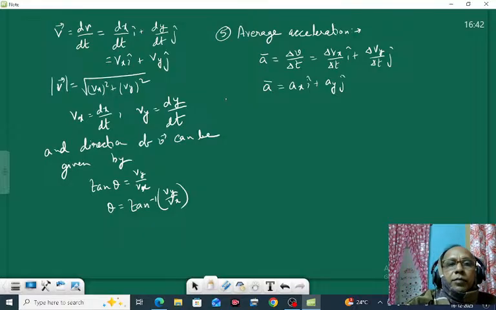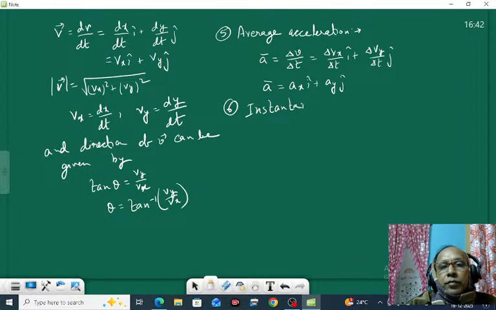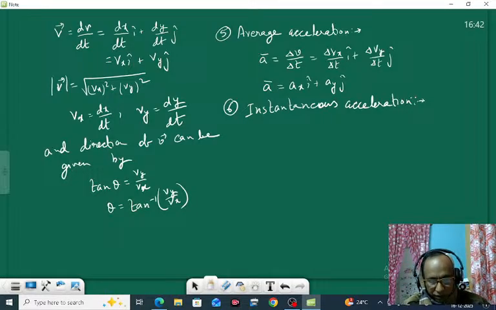Now we learn another term, that is instantaneous acceleration. How to find it? The instantaneous acceleration is the limiting value of the average acceleration as the time interval approaches 0.